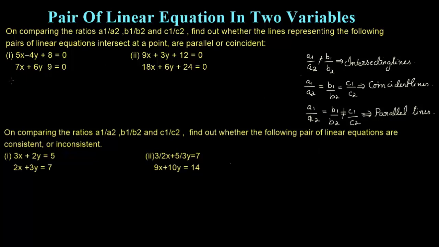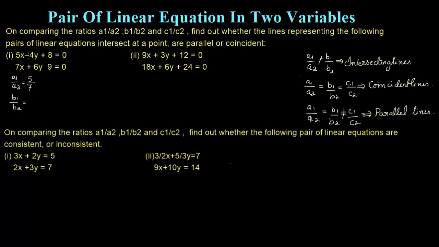So now let us find the ratios. Now we can observe a1 by a2. The coefficient of x is 5 here, 5 by 7. You can observe the coefficient of x in the second equation is 7. So I have written a1 by a2 as 5 by 7. Now let me write b1 by b2.